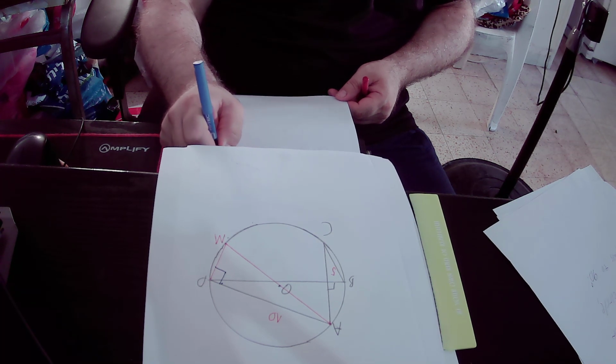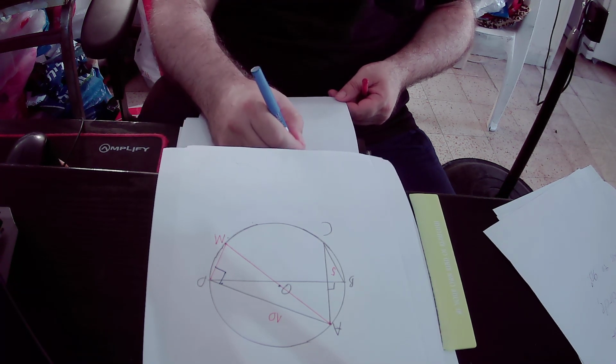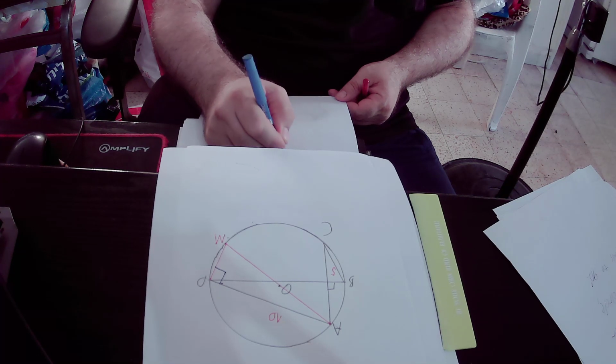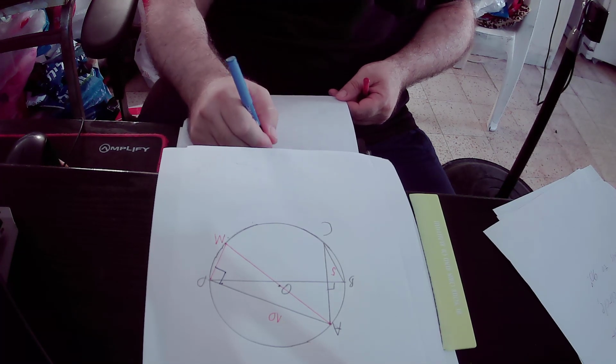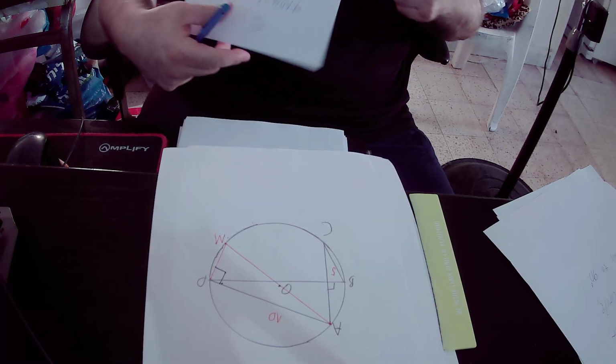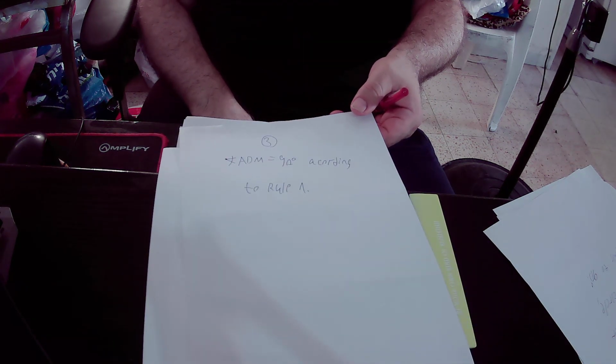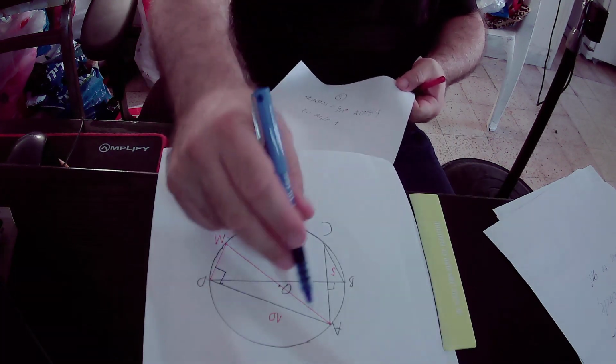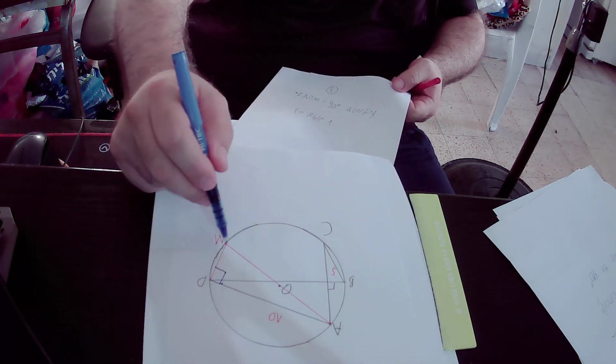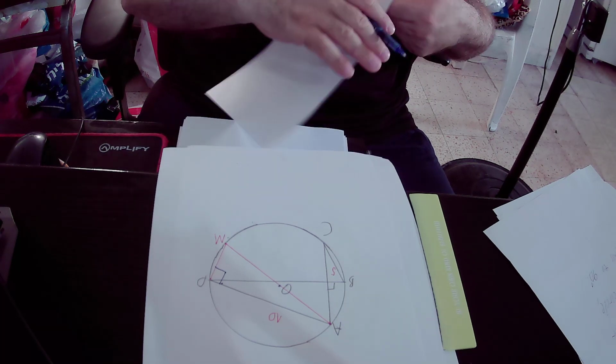Angle ADM equals 90 degrees according to rule number 1. This angle equals 90 degrees according to rule number 1.